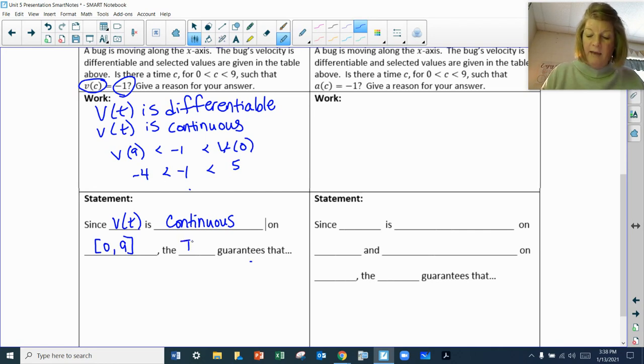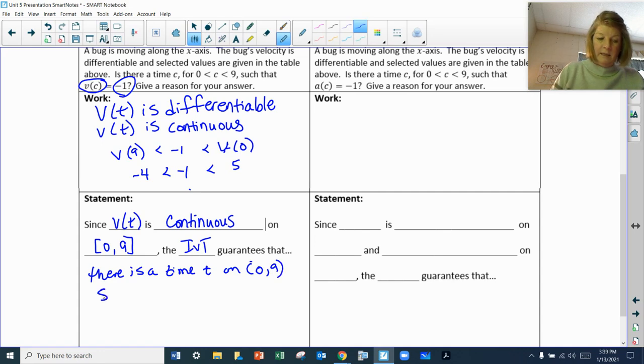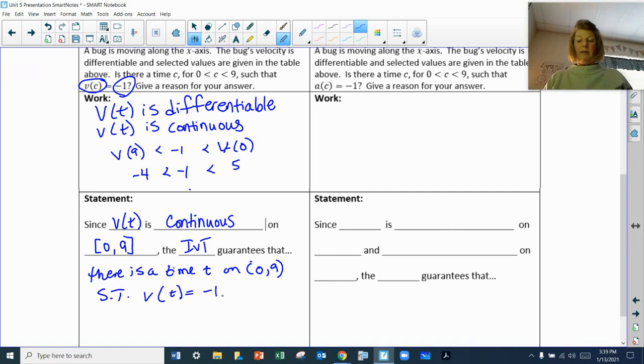The IVT guarantees that there is a time t on 0 to 9 such that v of t equals -1. That would be our conclusion.